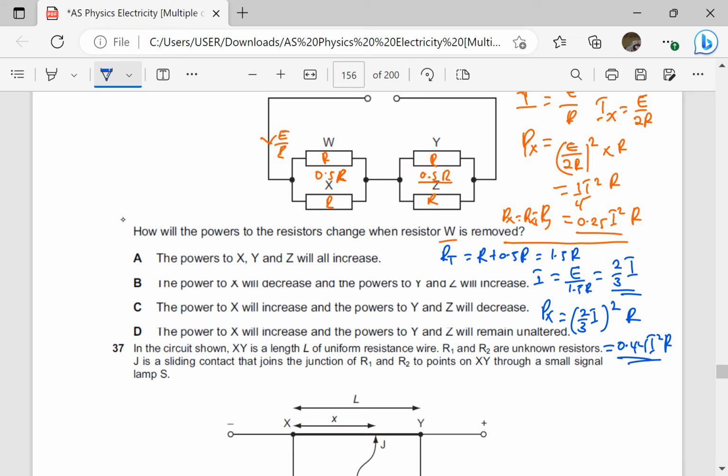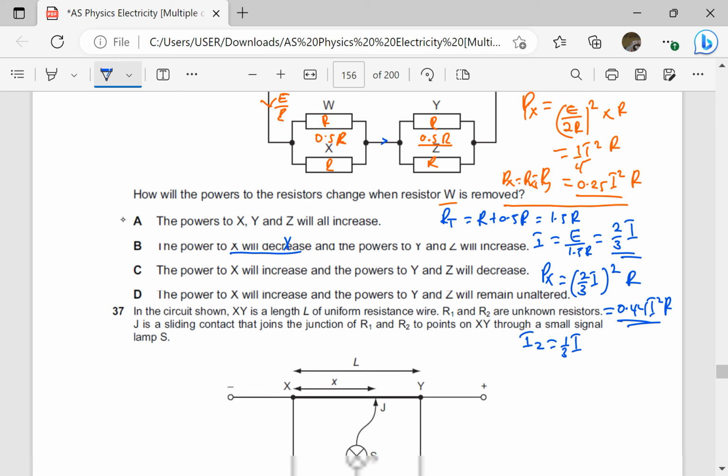Does it increase in all of them? So we have eliminated B because B is saying the power in X decreases. Does it increase in all of them? Let's check at least what happens to the current when it reaches here. 2 over 3I divides into these. So the current in Z is going to be half because the current divides at the junction. So it will be a half of 2 over 3I, which becomes 1 over 3I.